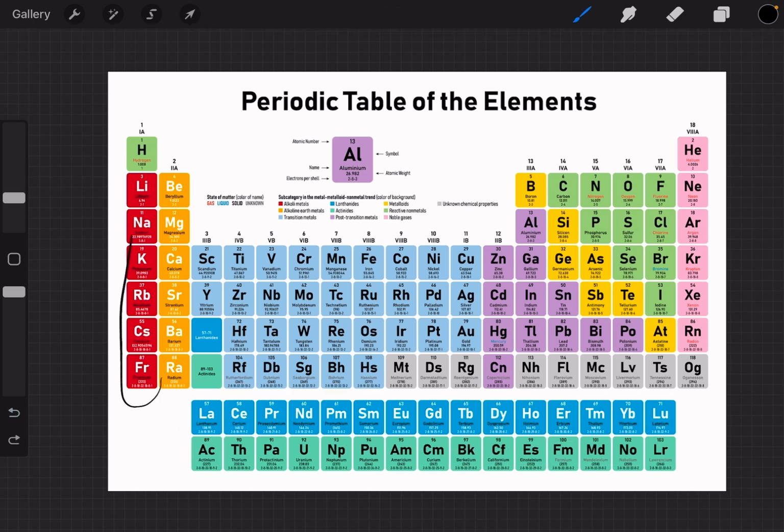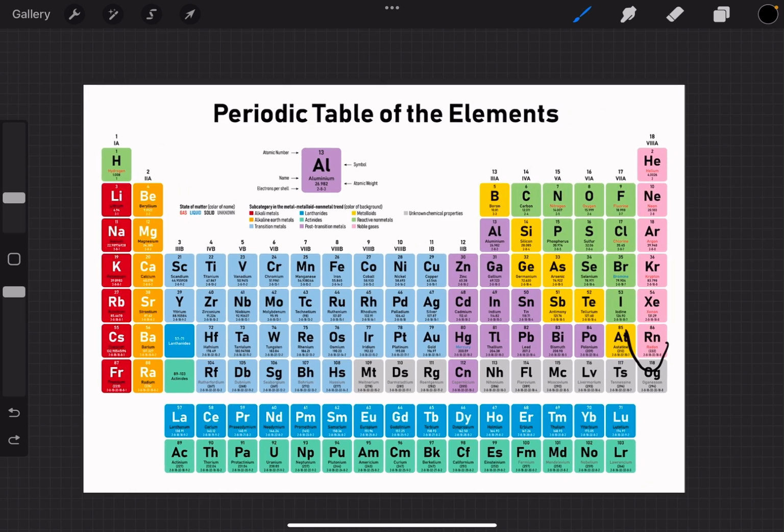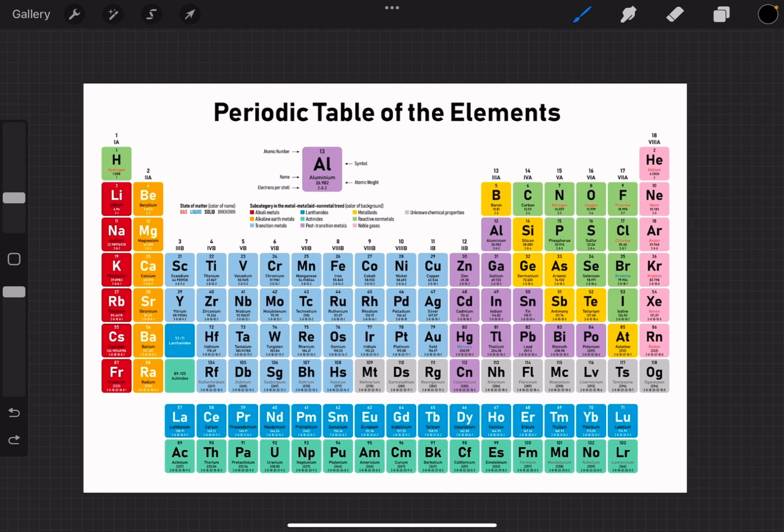The alkali metals are all the way in the left corner here in the red. And then our noble gases are all the way on the right here in the pink. Our transition metals are in the center, which I didn't cover, but those are in the center.